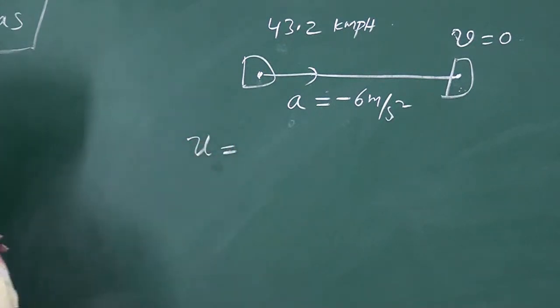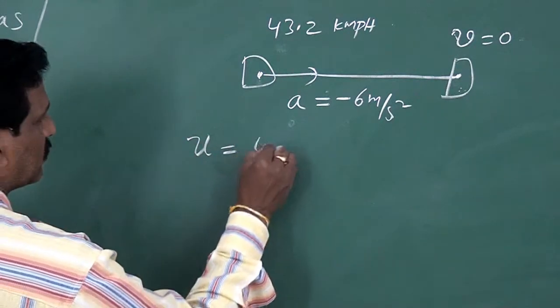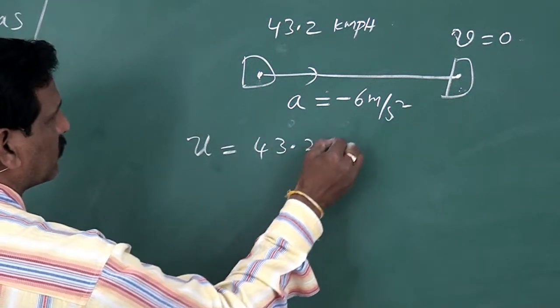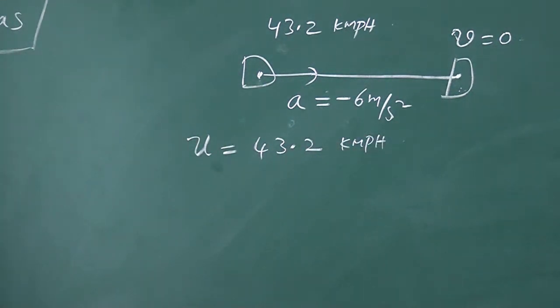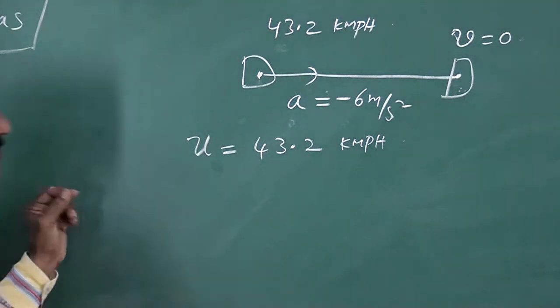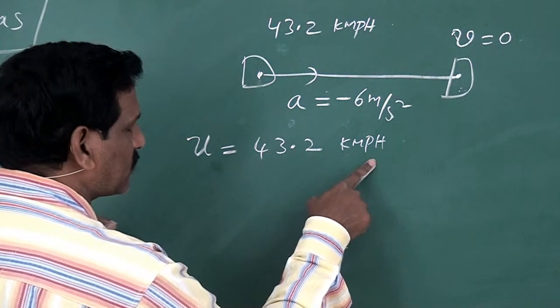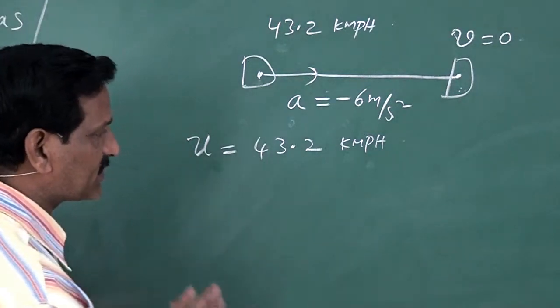Initial velocity of the scooter u is equal to 43.2 kilometer per hour. This kilometer per hour should be converted into meter per second.